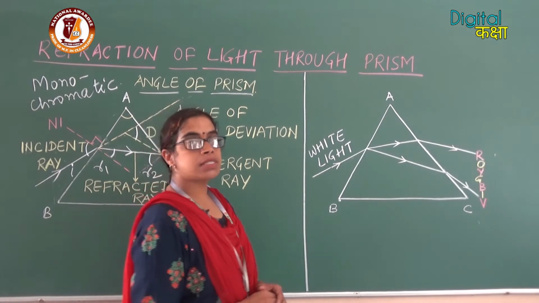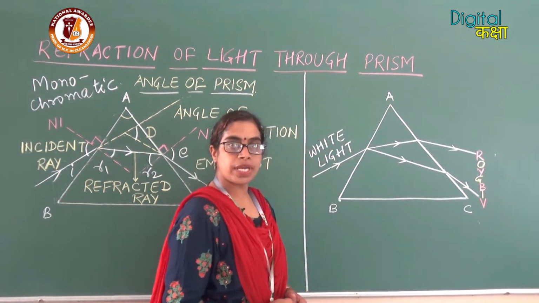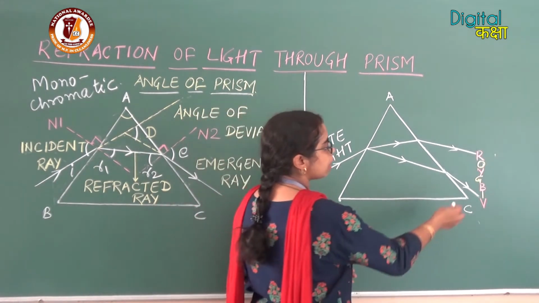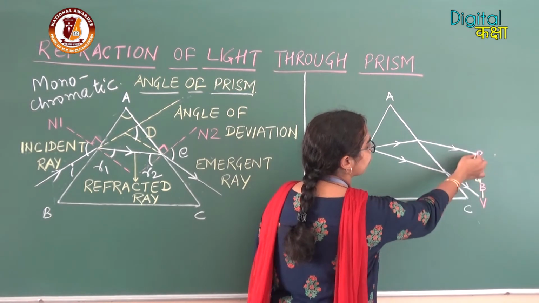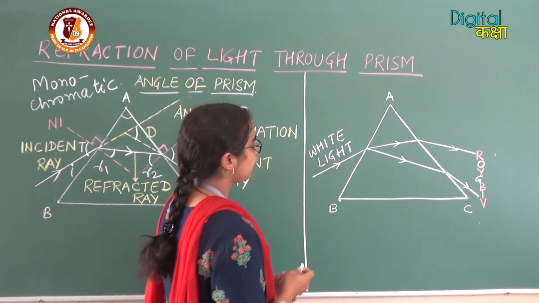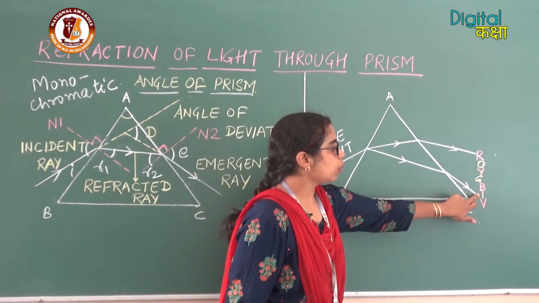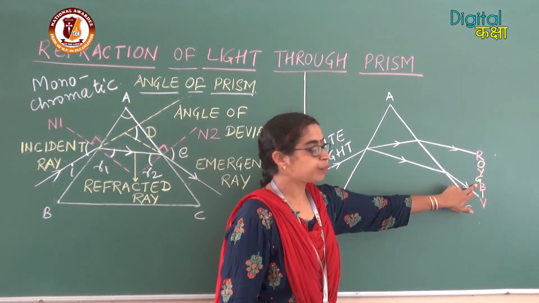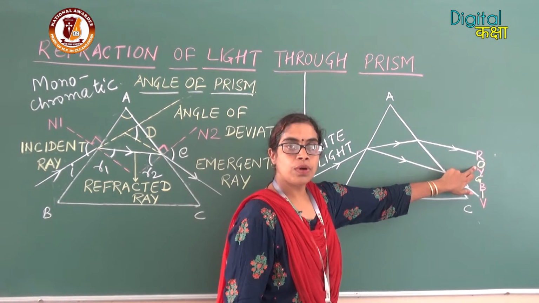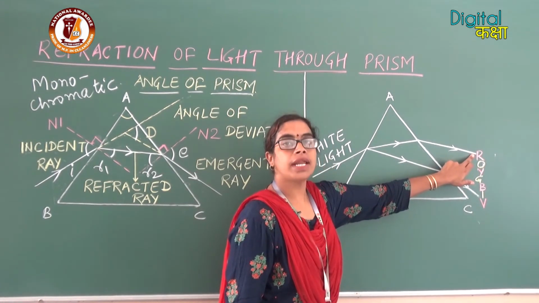These 7 colors emerge out of the second refracting surface in the sequence of VIBGYOR. Here, V stands for violet, I for indigo, B for blue, G for green, Y for yellow, O for orange and R for red.